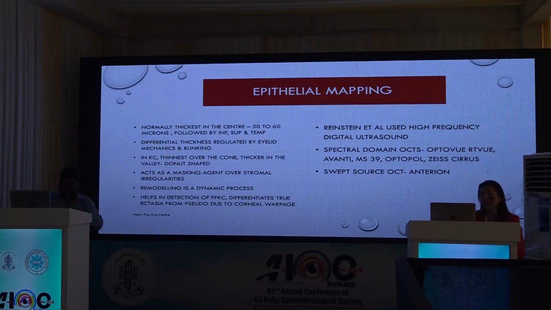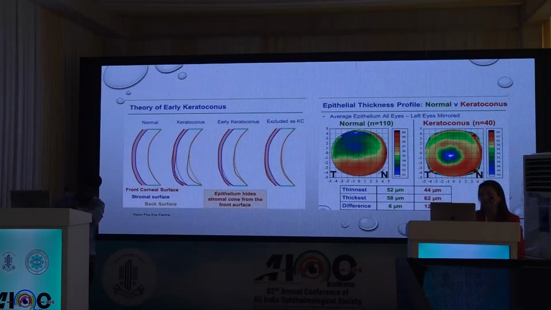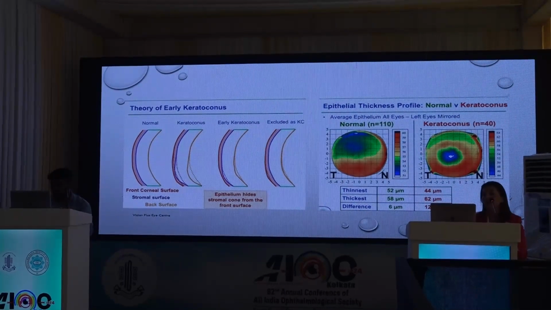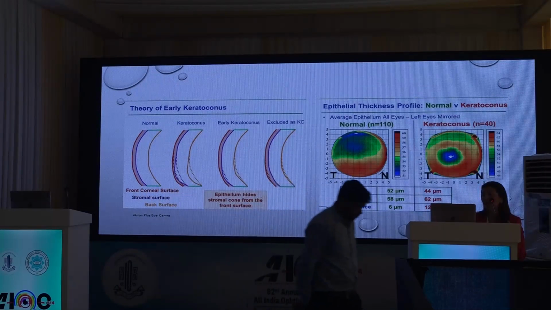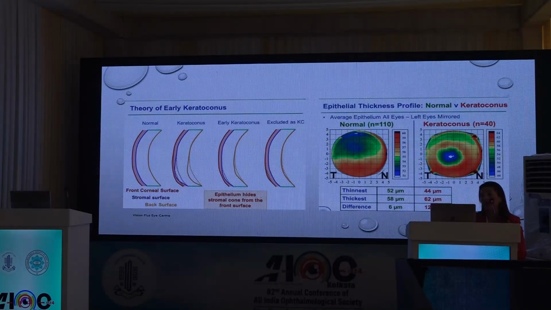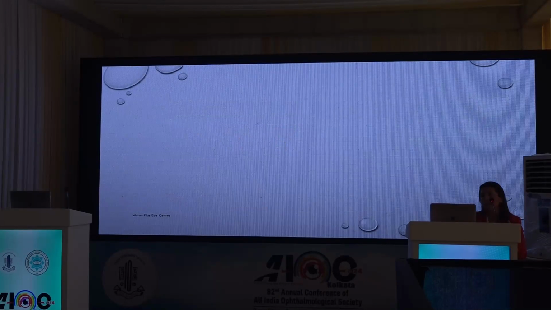And this can actually help us to differentiate forme fruste keratoconus from the true ectasias and also pseudo-ectasias. So here we can see that basically keratoconus starts from the posterior surface, and by the time it comes to the anterior surface, the epithelium may act as a masking agent. So we look at the profile on our OCT along with doing the Pentacam.